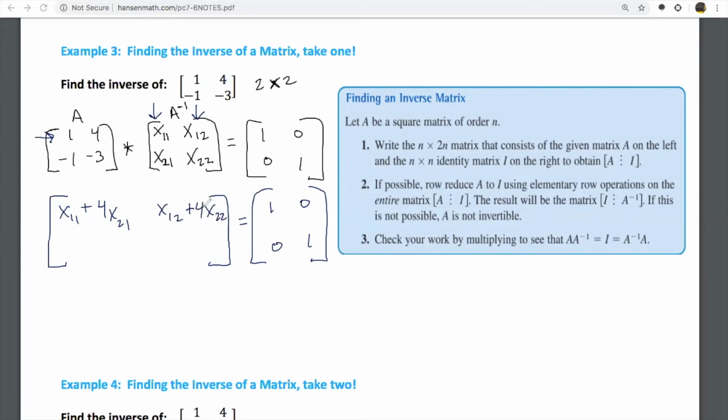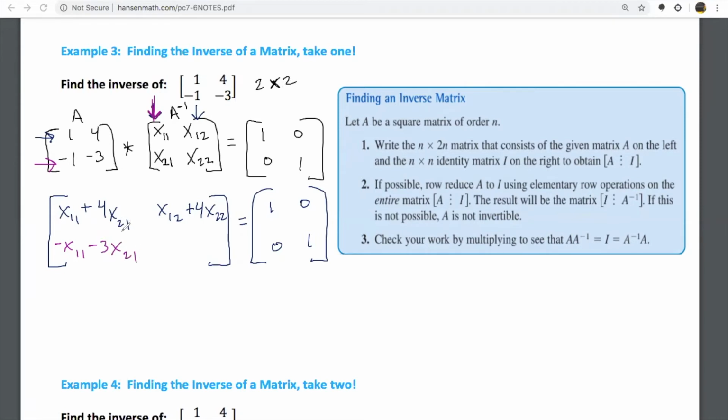Now we will move on to row 2. So now we're here at row 2 in purple, and we're going to multiply that by column 1. Negative 1 times x11 is negative x11. Negative 3 times x21 is minus 3x21.